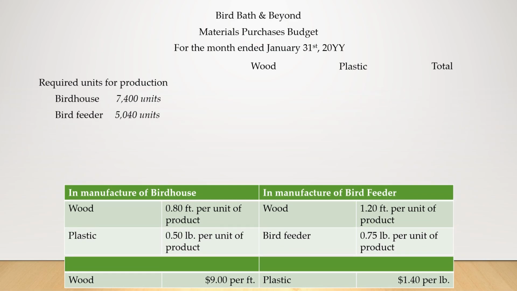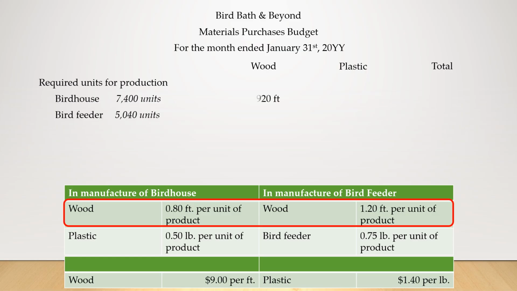Starting with the wood row, we need 5,920 board feet of wood for total birdhouse production, the 7,400 units to be produced times 0.8 feet per unit. We also need 6,048 board feet for bird feeders, 5,040 units times 1.2 feet per unit.